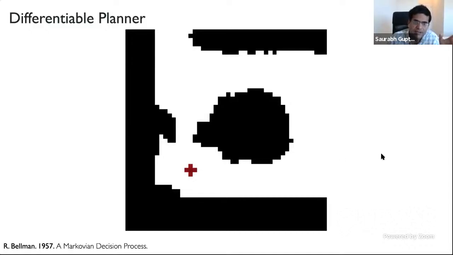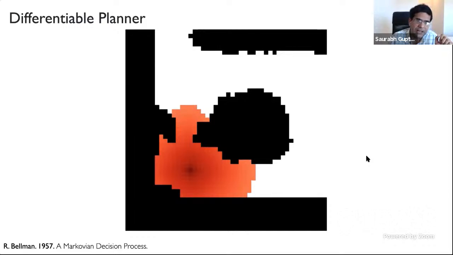If you want to get to this location, what you're trying to do is estimate a value of how easy it is to get to the goal location from any given location. So if you're at the goal location, you know that you can get there already. But if you're one step away from the goal location, then also you can get there pretty quickly. And you can do this reasoning recursively, and this is the process of value iteration.